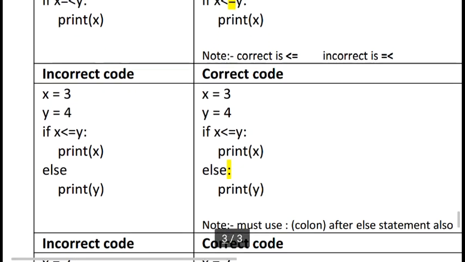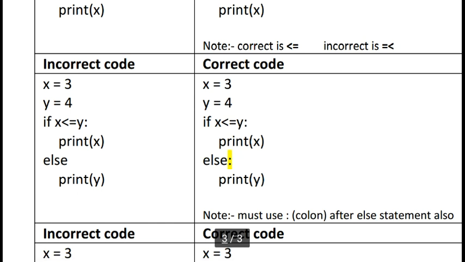Okay students, now the next incorrect code: x is equal to 3, y is equal to 4, if x <= y, print x, else print y. But in the else statement there is no colon. Colon is compulsory. In the correct code you can see the colon after else, highlighted.